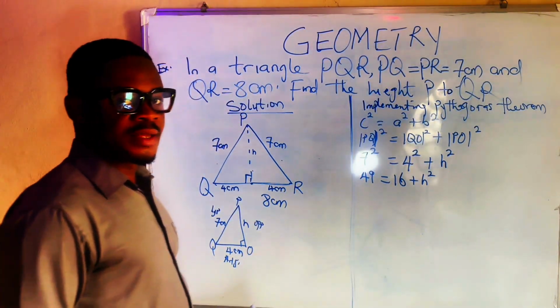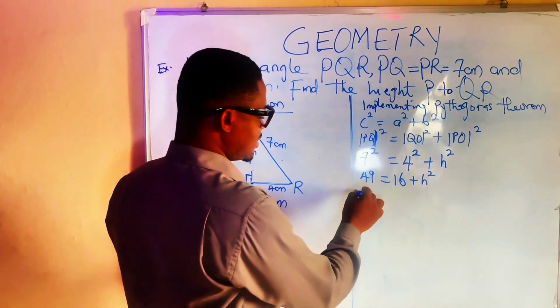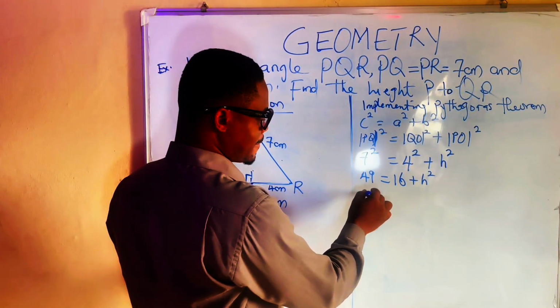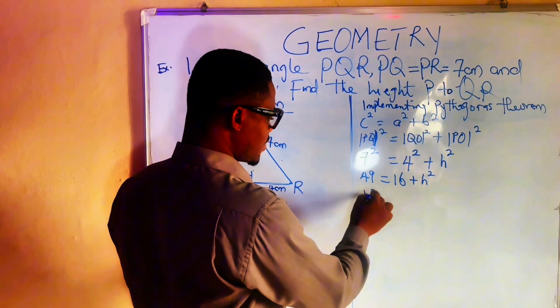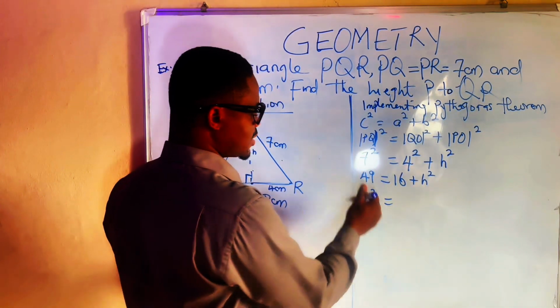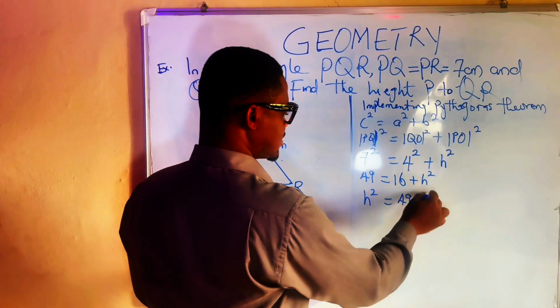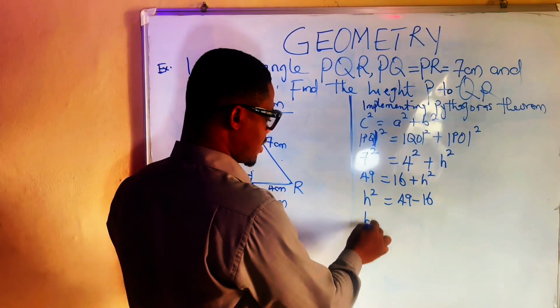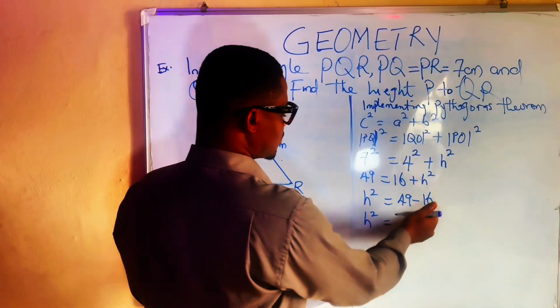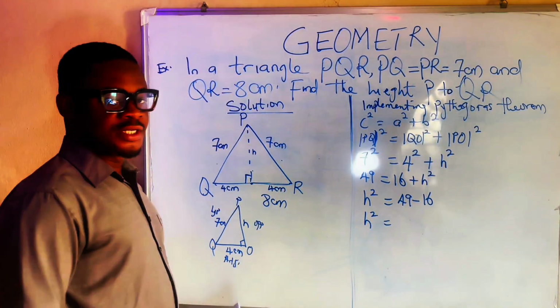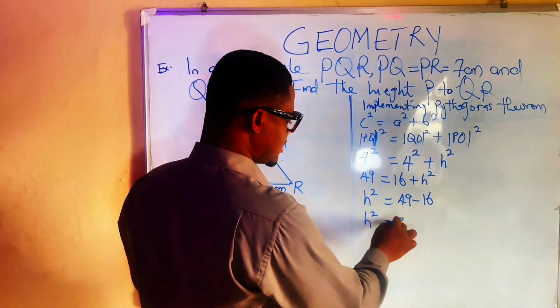If we collect like terms, 49, h squared will be equal to, this crossing the equality sign, 49 minus 16. And h squared will be equal to, if you subtract this, you're going to have 33.